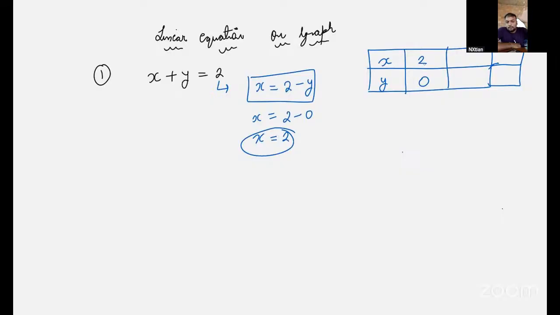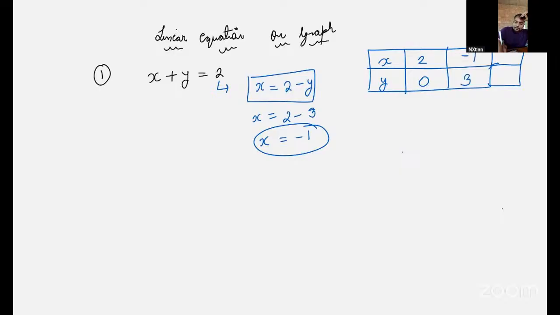Okay, 3. So if you take y as 3, then instead of y, you will write 3. Then what is the value of x in this case? -1. Got it? So when Nayantara assumed the y value as 3, she got the x value as -1.